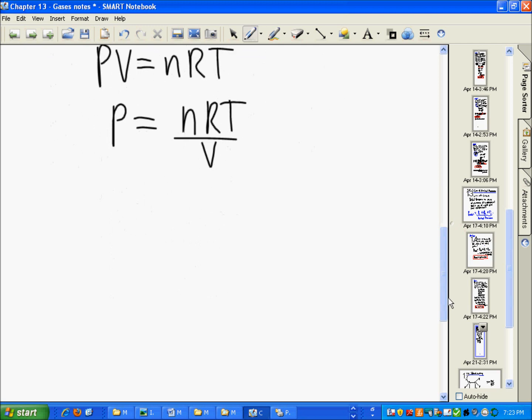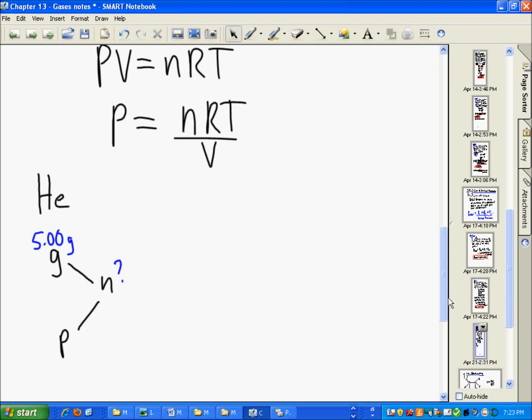So for helium, we need to take mass and convert to moles. So GMP, we've been given 5.00 grams. We need to get the number of moles.